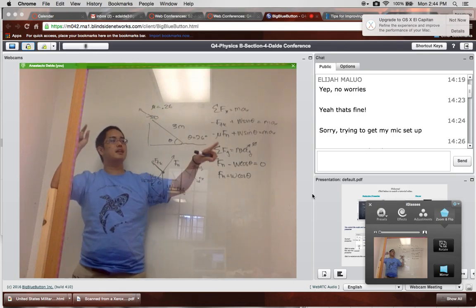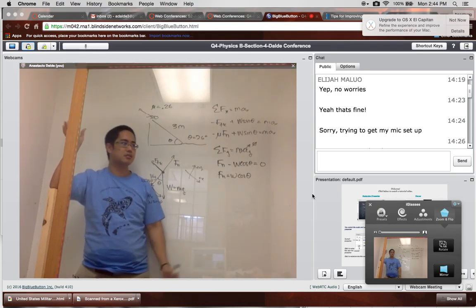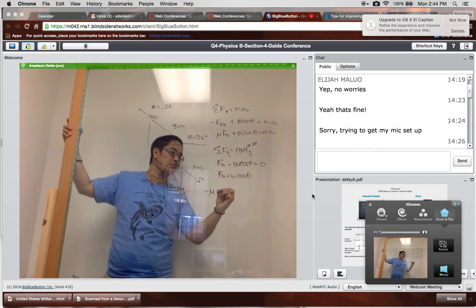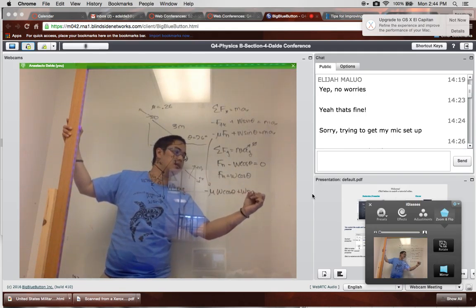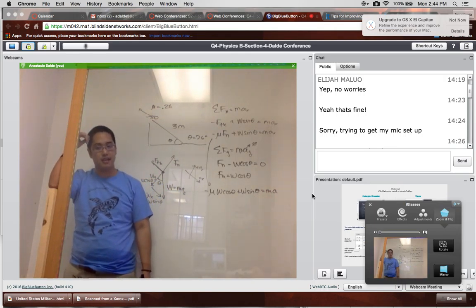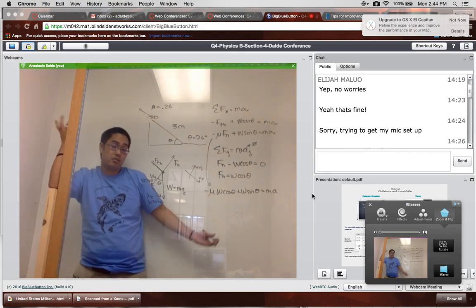So that means I could take this thing over here and plug in what Fn is equal to. So negative mu times W cosine theta plus W sine theta is equal to ma. Actually, I'm not even going to put a subscript on that a. I'm just going to change it from ax to a, because there's only one acceleration.